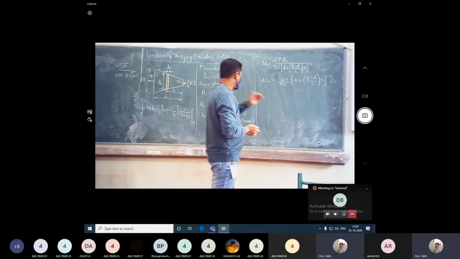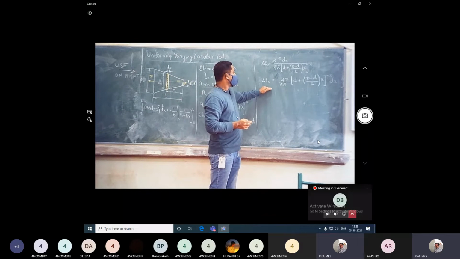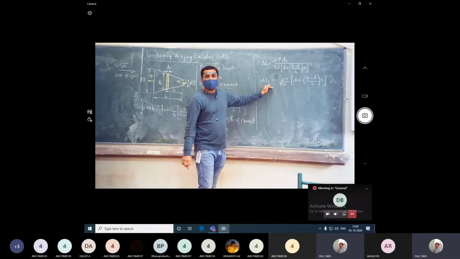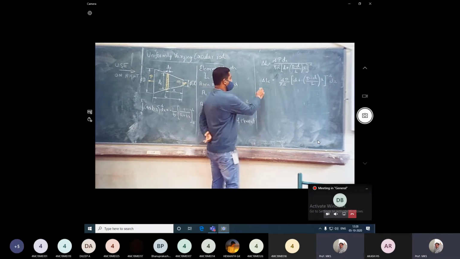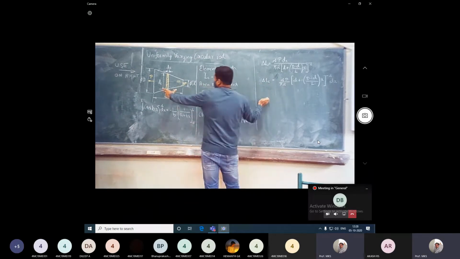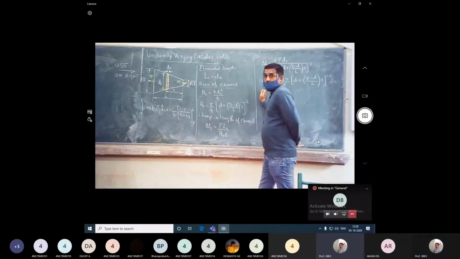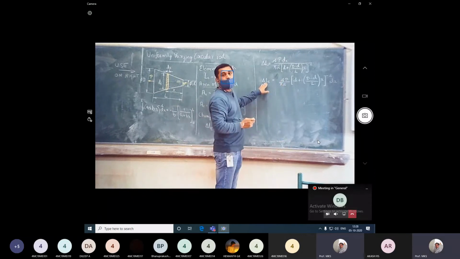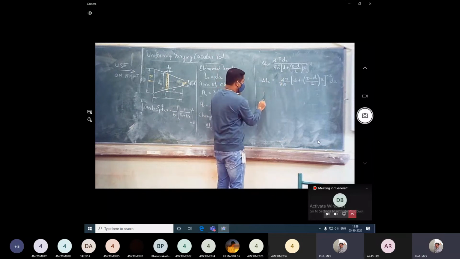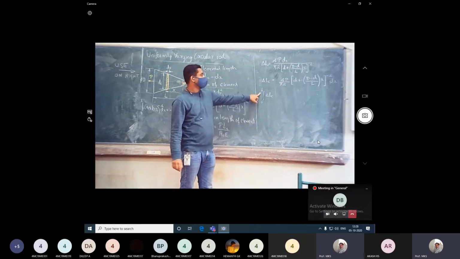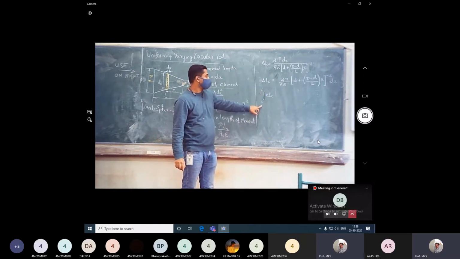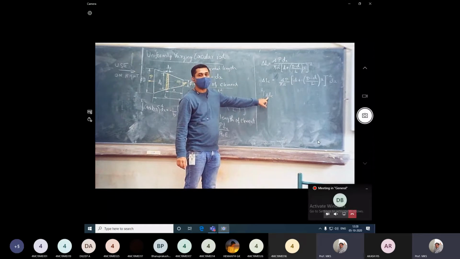So now, to get the expression for change in length for the entire length of the tapered rod, integrate the above equation from 0 to L. That is the integral from 0 to L of delta LE.